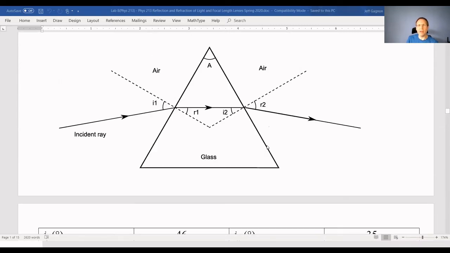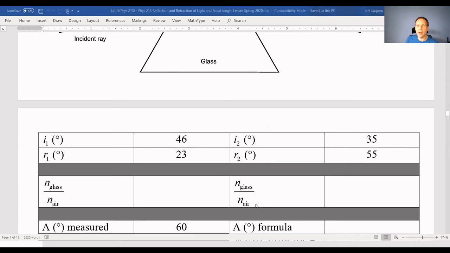Then for the second phase, think of this as n_glass times sin(I2) equals n_air times sin(R2). So again, we're just using Snell's law. If I solve for n_glass over n_air in this case, this is equal to the sine of R2 divided by the sine of I2.